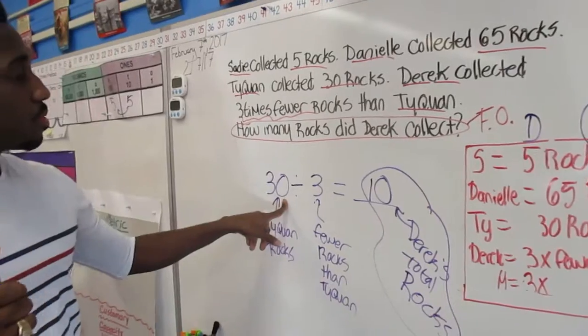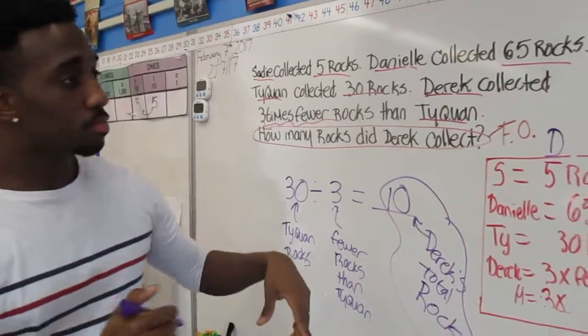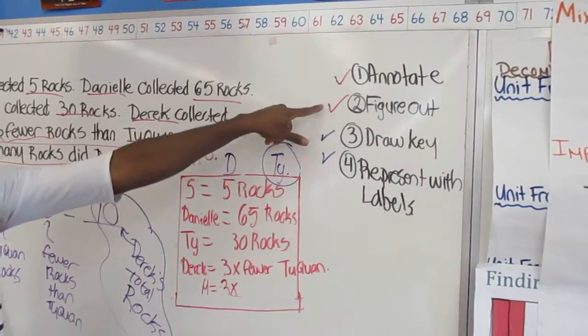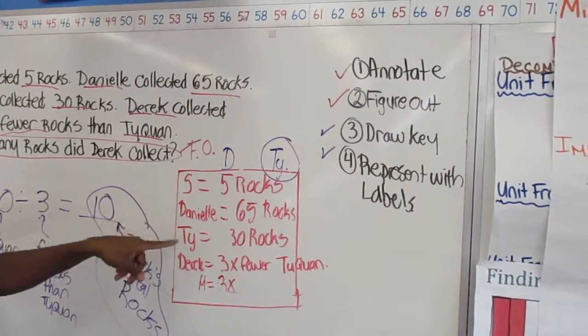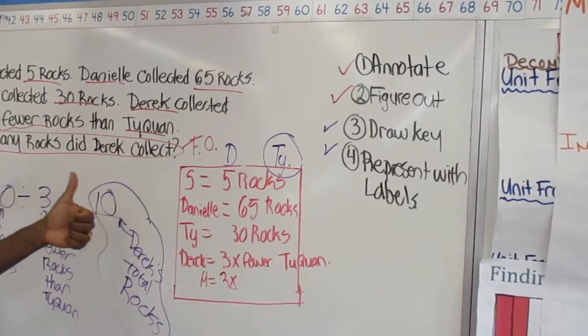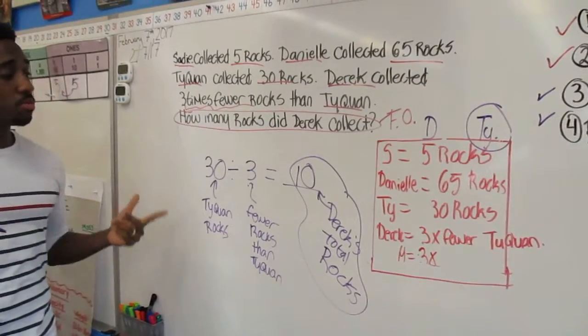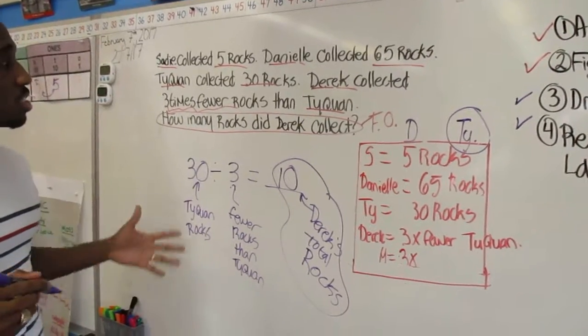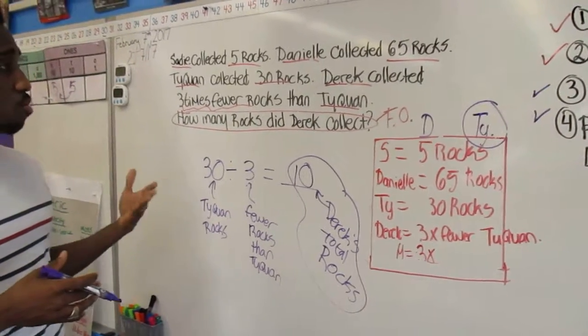So I was able to annotate the problem, figure out what I was trying to figure out. I drew a key that helped me out a lot. And I had this representation with labels to help me figure out how to solve this multiplicative compare problem.